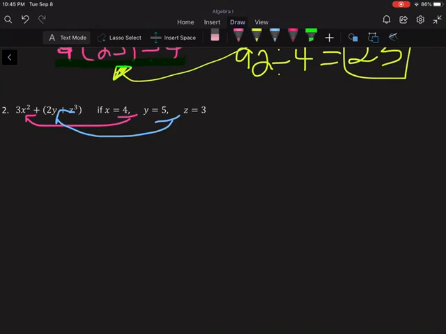So sorry. So that 5 is the Y. That goes in there. And I have 3 that goes in there.